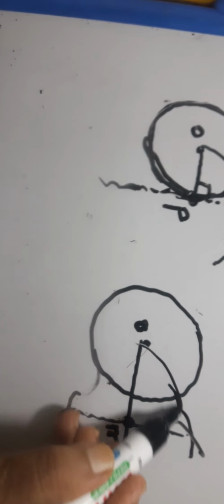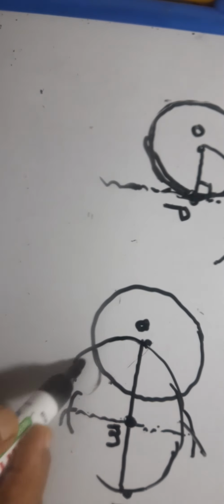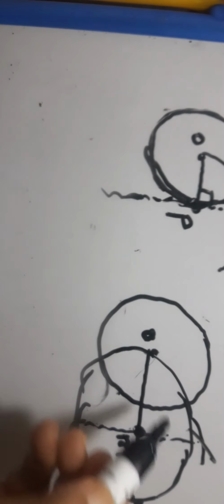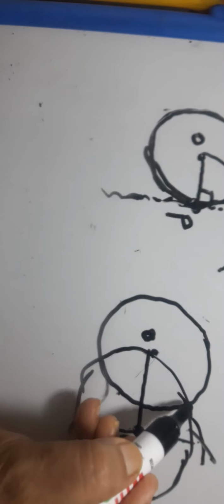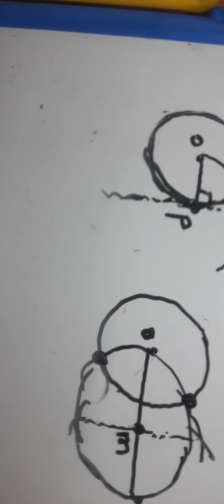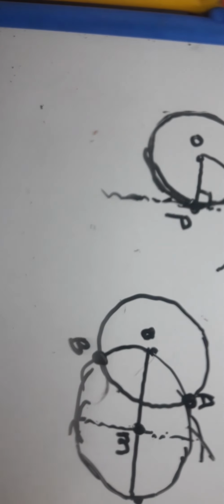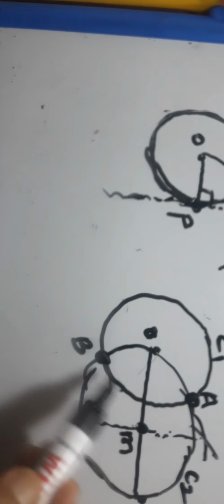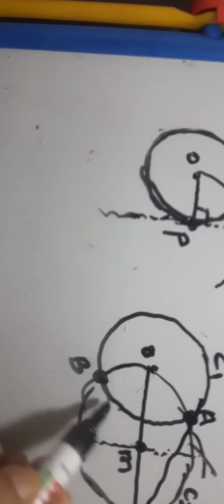Draw a circle, and that circle will surely pass through O and P. Now this circle, it cuts the original circle at 2 points, here and here. Now join them, say A and B. So the C2 circle will cut the C1 circle at A and B. Now you join PA and PB.